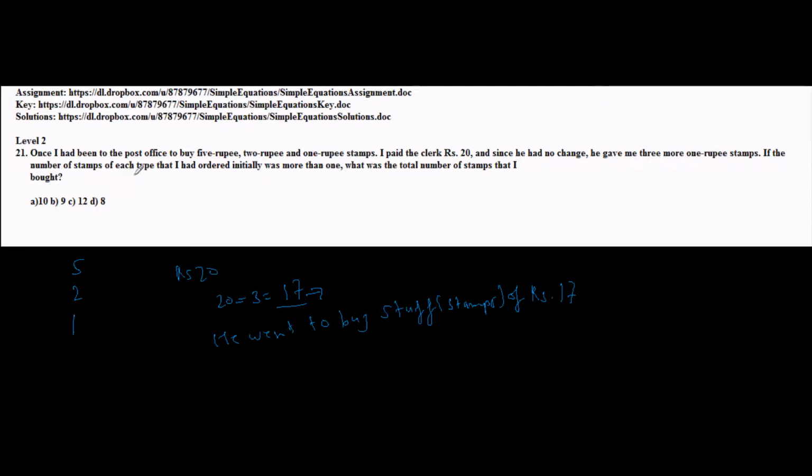If the number of stamps of each type I had ordered initially was more than one, so from rupees 17 he ordered more than one stamp of each kind, then what was the total number of stamps that I bought?